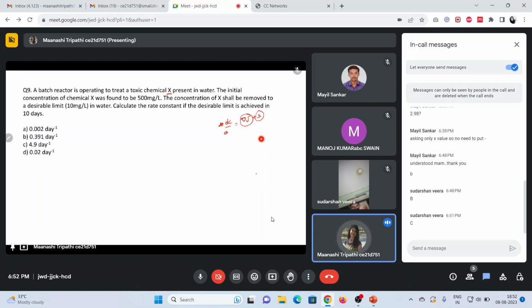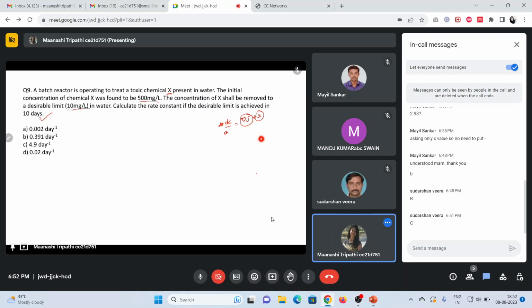So chemical X is present in water. The initial concentration of X is 500 milligrams per liter. The concentration of X shall be removed to a desirable limit of 10 milligrams per liter. So initial concentration is 500, final concentration is 10. Calculate the rate constant if the desired limit is achieved in 10 days.